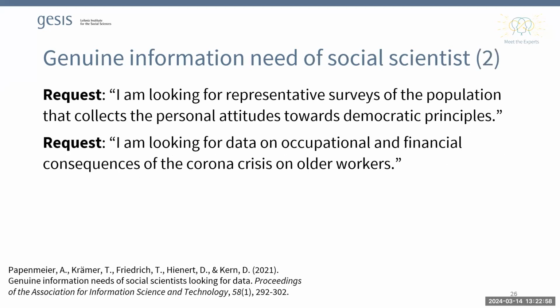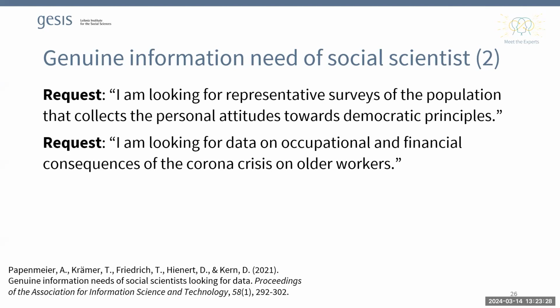So I brought you today two of the example requests we collected in the study. The first one is, I'm looking for representative surveys of the population that collect the personal attitudes towards democratic principles. So you have to read that twice. It's a bit complex. So this is about personal attitudes to democratic principles, and it should be representative.